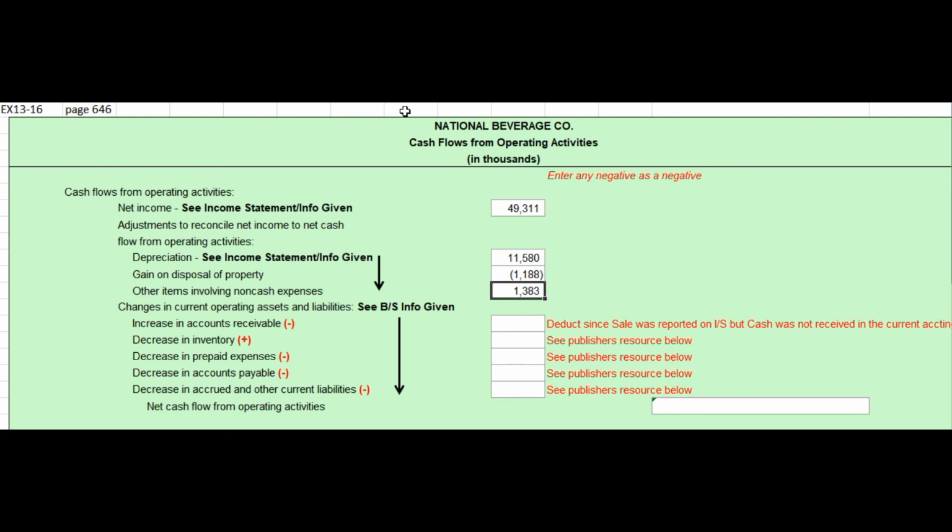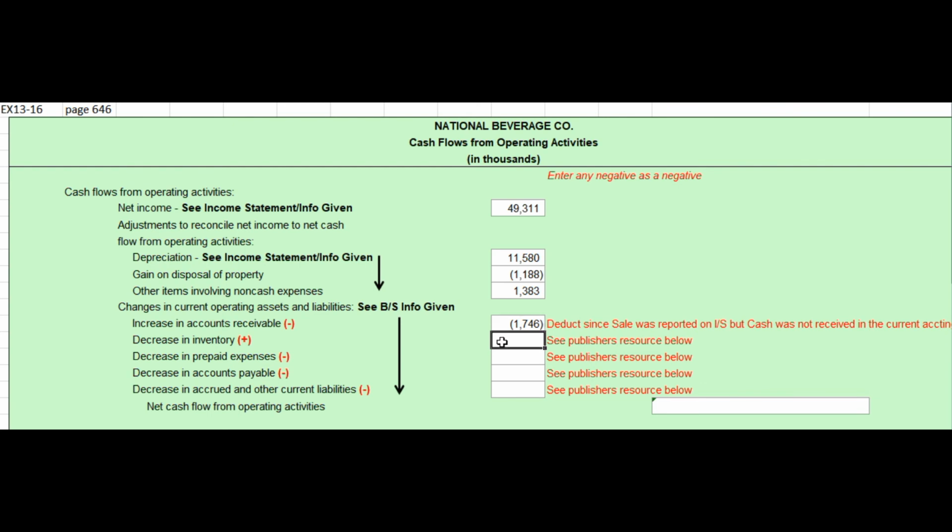The rest of the information, as far as the net change in operating assets and liabilities, is given to us on the balance sheet information in the problem. Now if you look right here, I've added just a little bit of a road map. I'm trying to assist you in understanding when you first see this: an increase in accounts receivable is an asset. Increases are deducted. So you're going to increase accounts receivable, so you're going to deduct from net income.